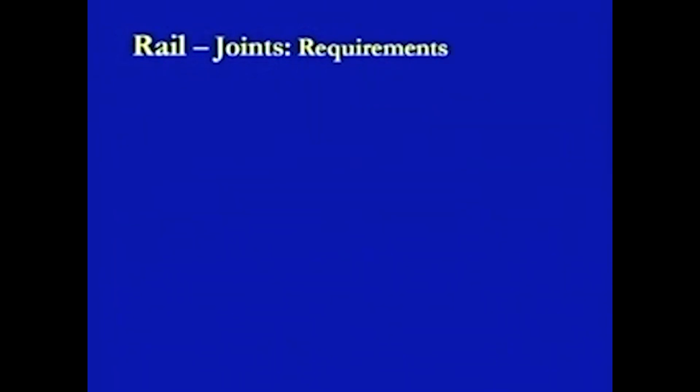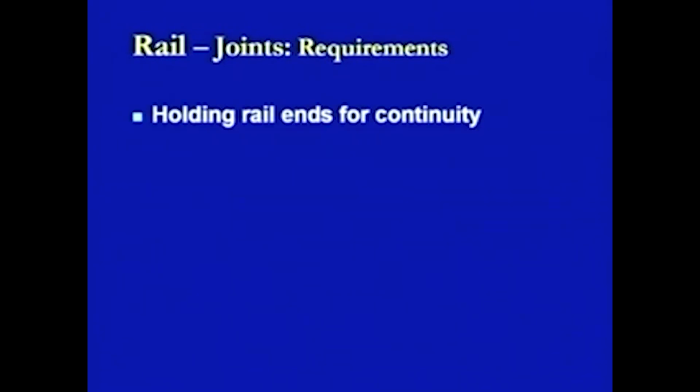So, on the basis of all these problems, whatever we have seen, what are the requirements of the rail joints that we will be looking at? In this case, the very first thing is that we have to maintain or hold the rail ends for continuity.